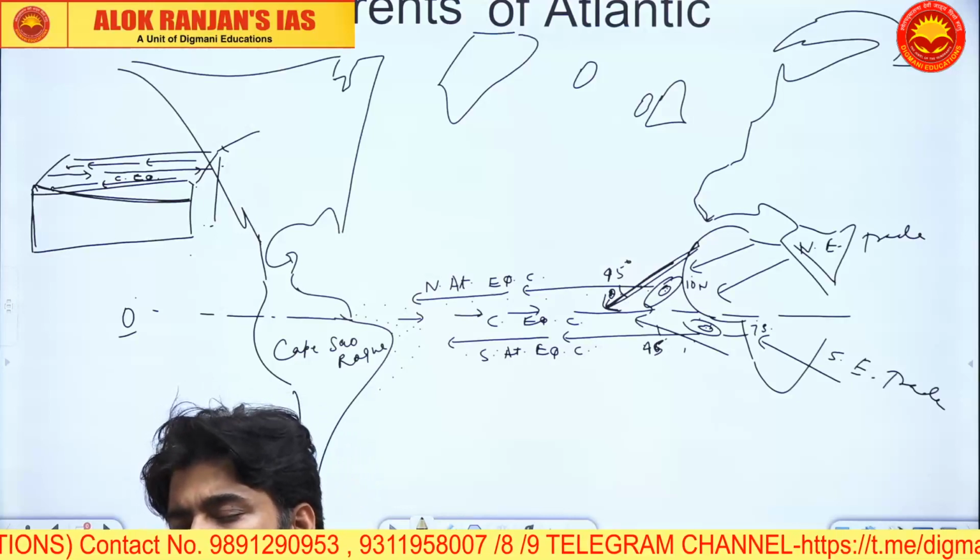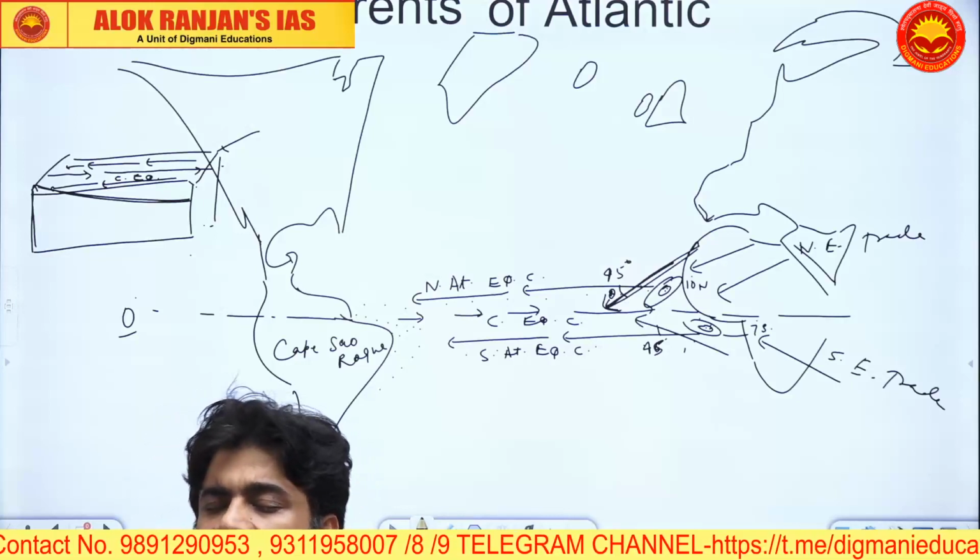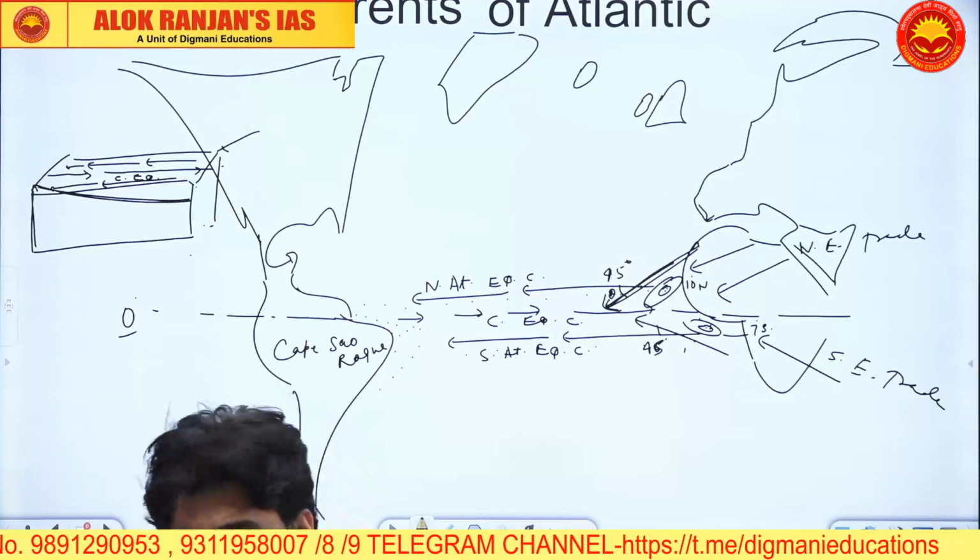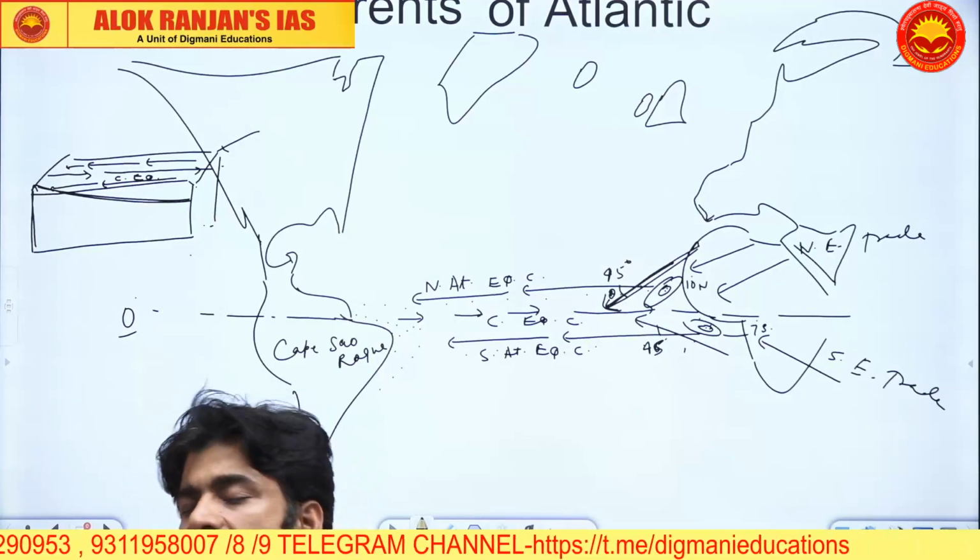Next, cold upwelling zones are most important fishing grounds of the world.